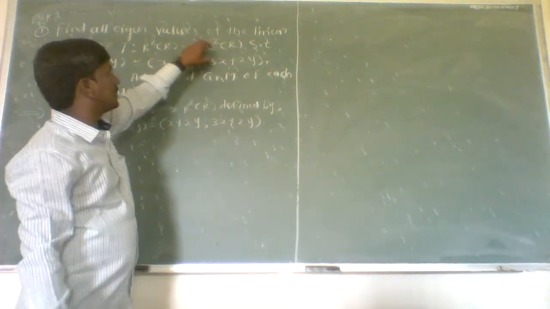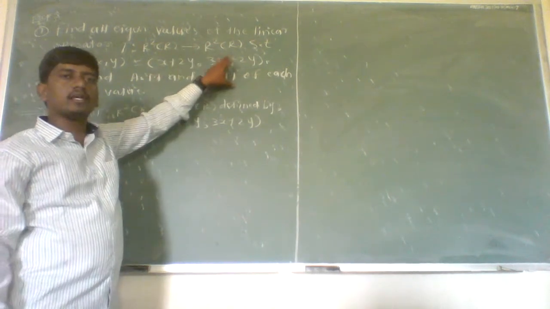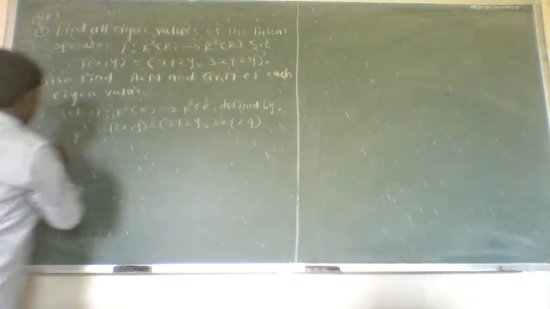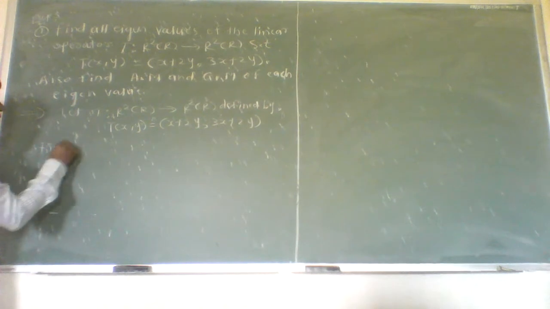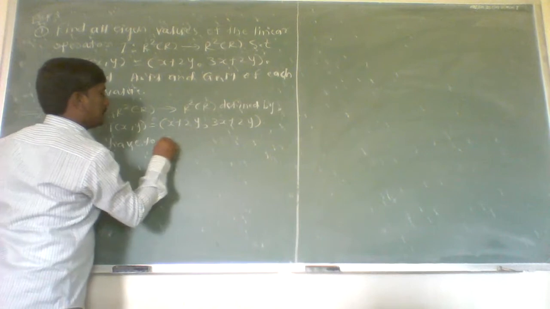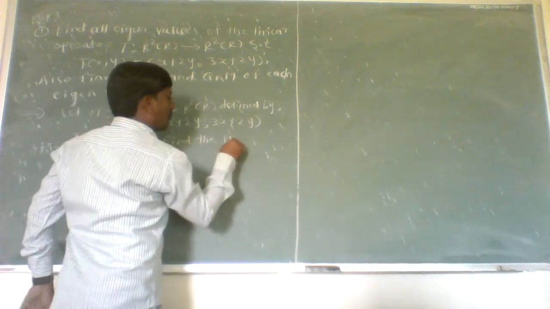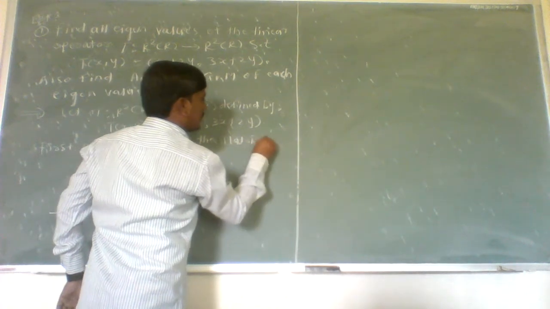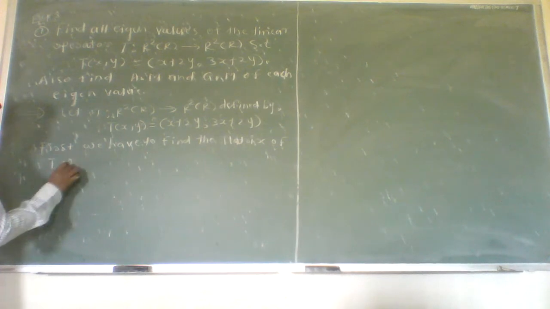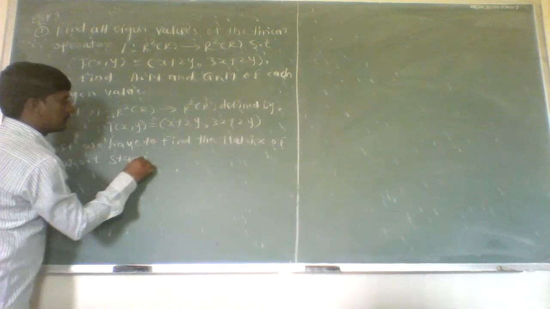As here there is no basis given, then we have to find out its matrix with respect to the standard basis. First, we have to find the matrix of linear operator T with respect to the standard basis.